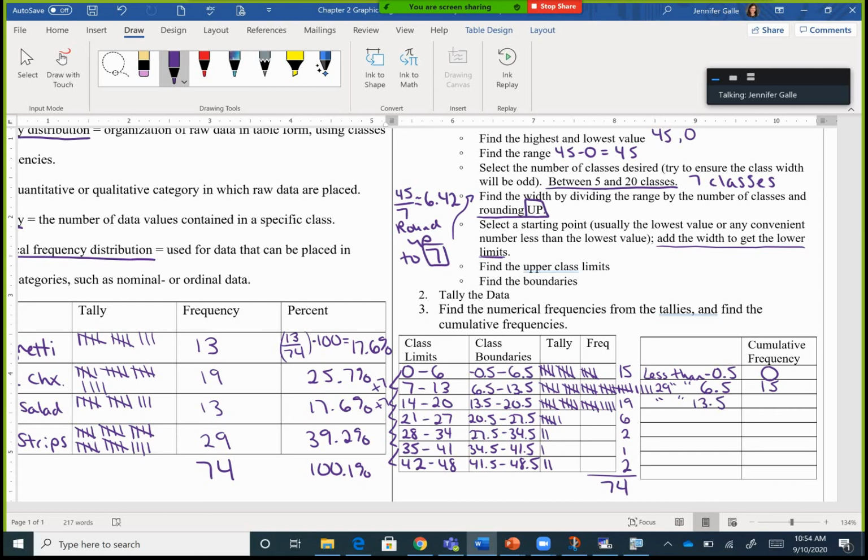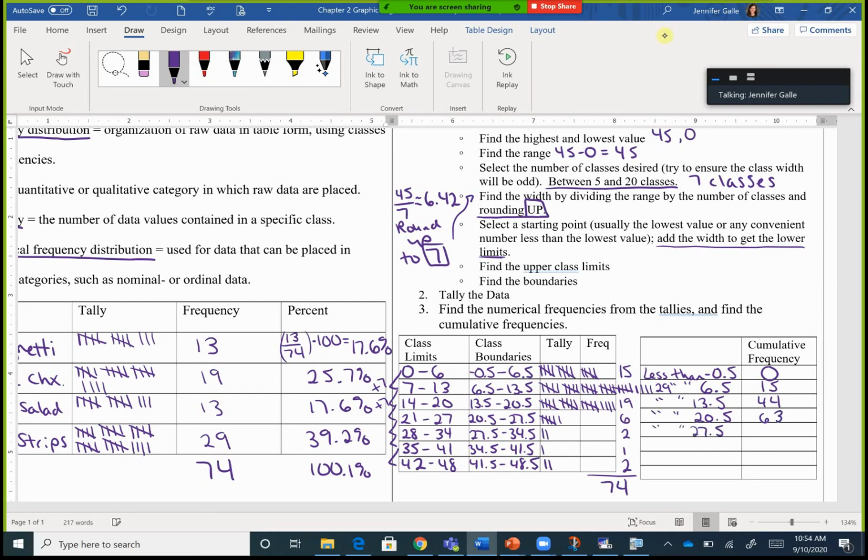Now we have to add together though, because it's not just the 29 from that row, it's 29 plus the 14. Or excuse me, the 15. So we've got 44. Less than 20.5. Now we add on another 19. So we're looking at 63. Less than 27.5.